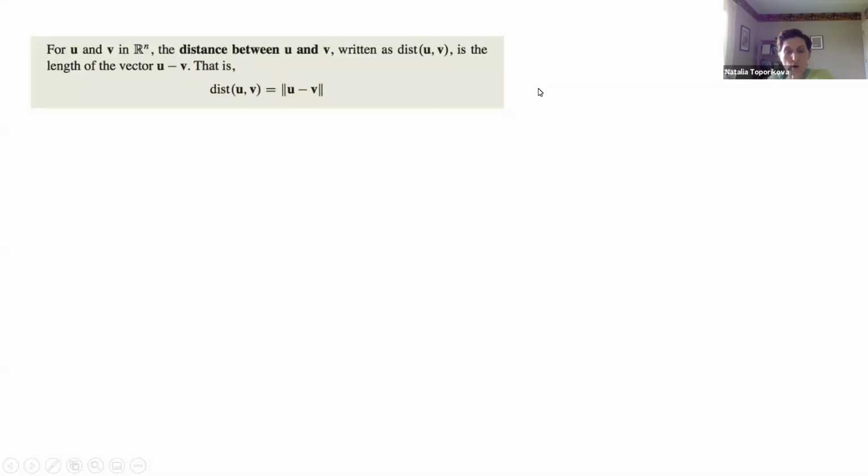Let me show a little demonstration of this in R2, a two-dimensional space. Let's say we have two vectors, u and v, and we're trying to measure the distance between them. In other words, we're trying to subtract vector v from u and measure the length of the resultant vector.